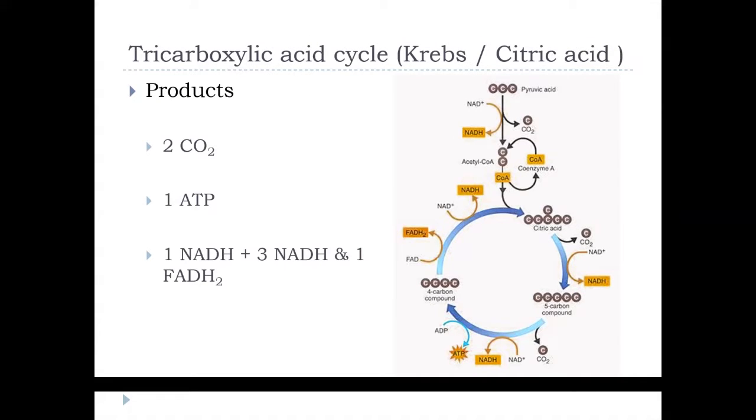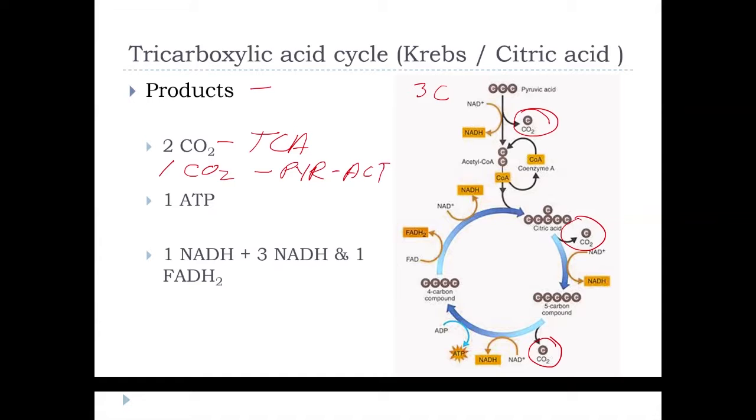So let's look at the things. Let's count them. So the products: we took our 3-carbon here. We lost 1 carbon dioxide here. In the TCA cycle, we get 2 CO2s being produced. So 1 and 2. So TCA, we get 2, and we get 1 from the pyruvate to acetyl-CoA. We have 1 ATP produced from the TCA cycle.